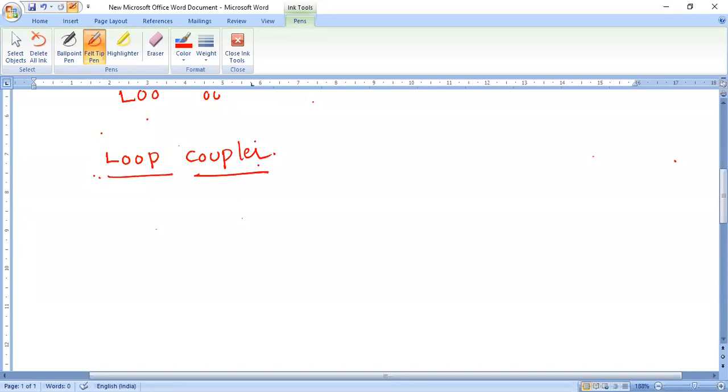What does this loop coupler consist of? The name itself tells it has some loop. Normally it's a waveguide. I'll take the waveguide, something like this. A waveguide is something like this, and we should place a loop inside the waveguide.